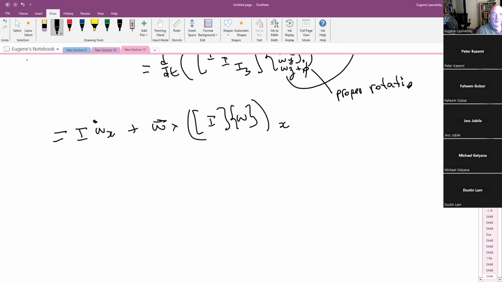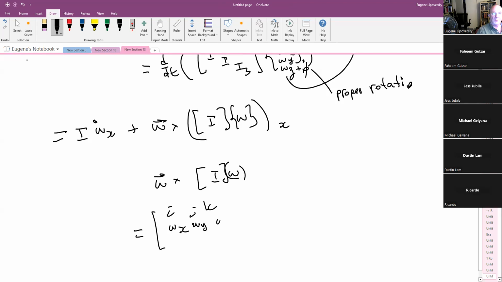Let's do this separately. Omega cross product with I multiplied by omega is equal to ijk, omega x, omega y, omega z, and I omega x, I omega y, Iz omega z.